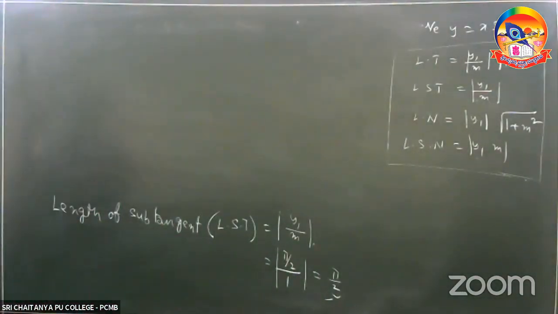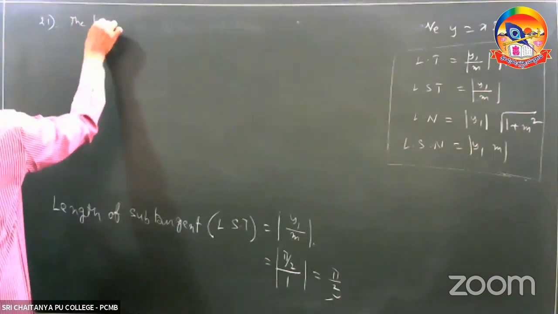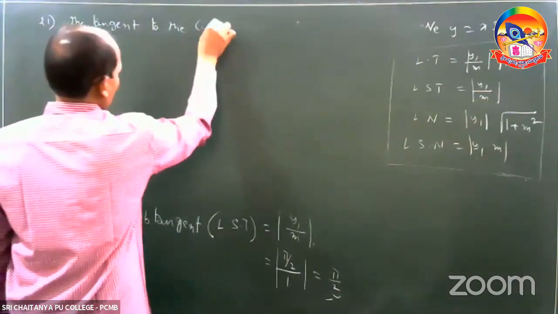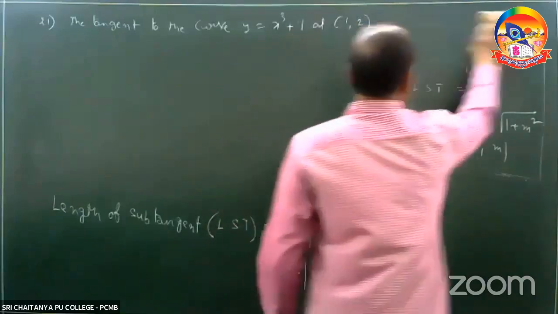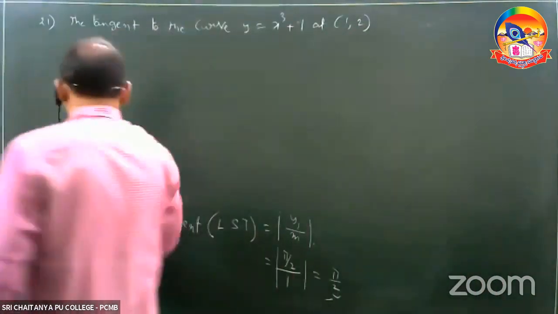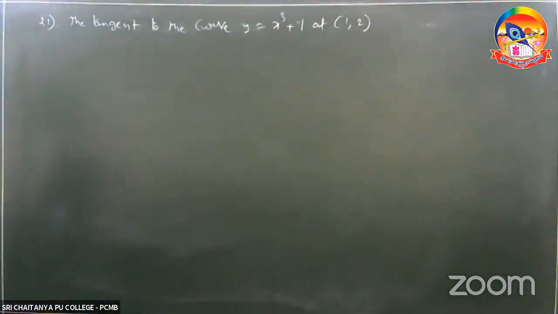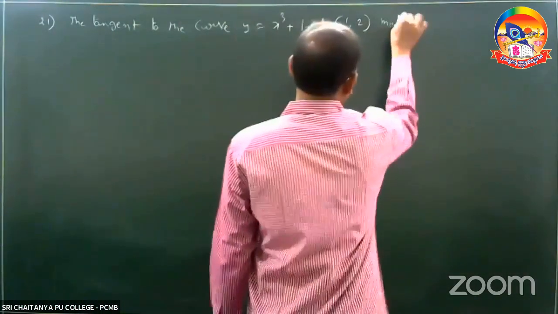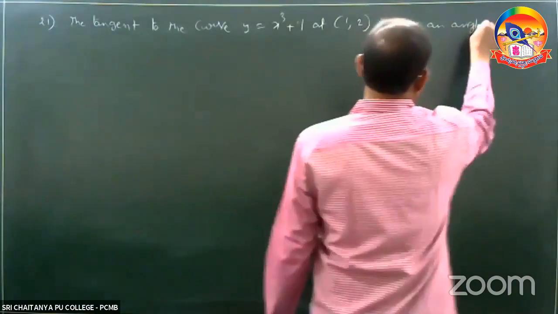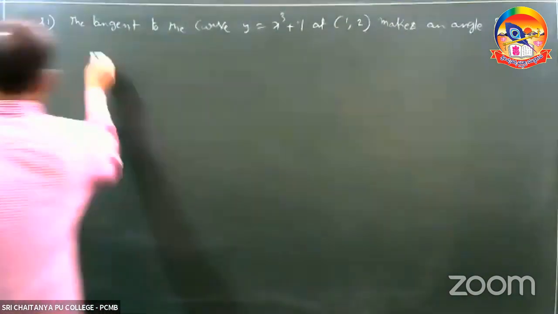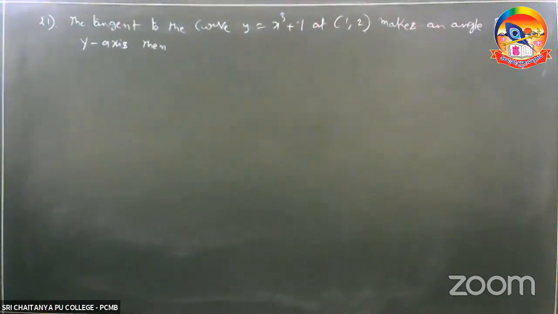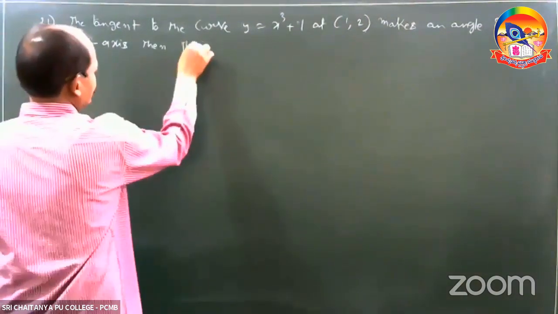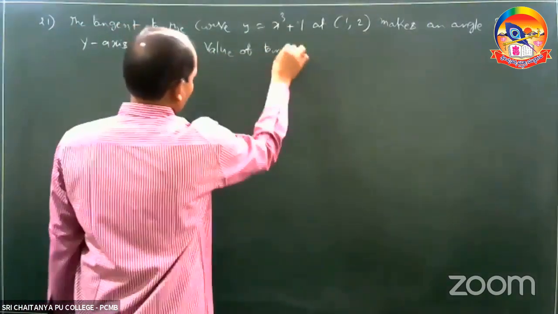The tangent to the curve y is equal to x cube plus 1 at 1 comma 2 makes an angle theta with the y-axis, then the value of tan theta is.